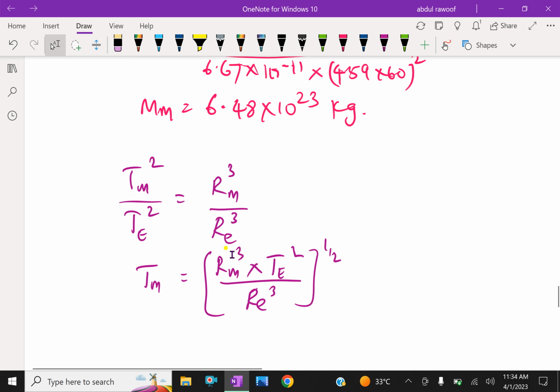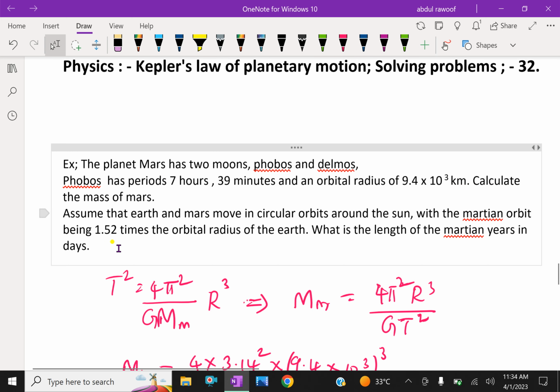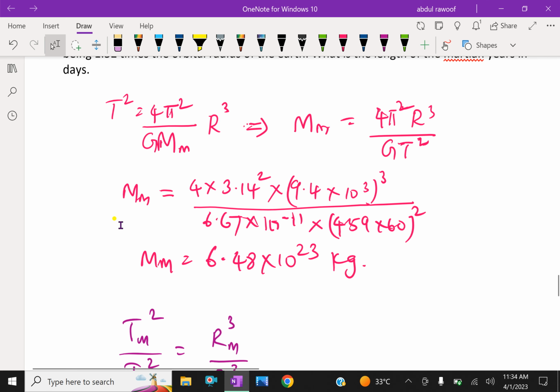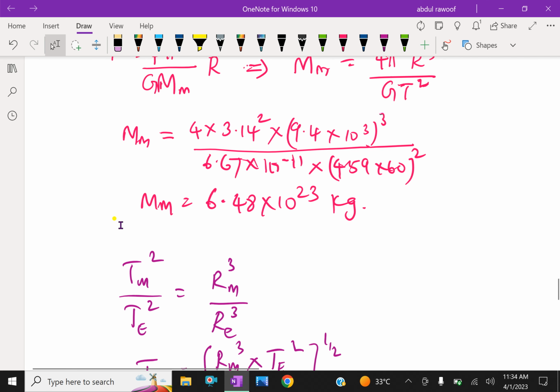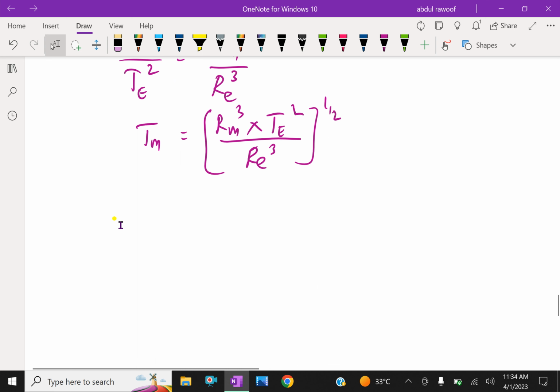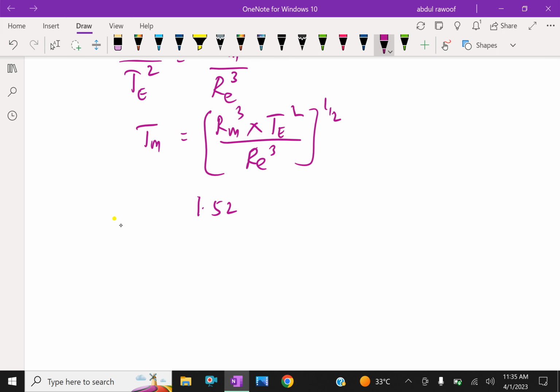Already we have Rm equal to 1.52 times Re, where Rm is the Mars-Sun distance and Re is the Earth-Sun distance.